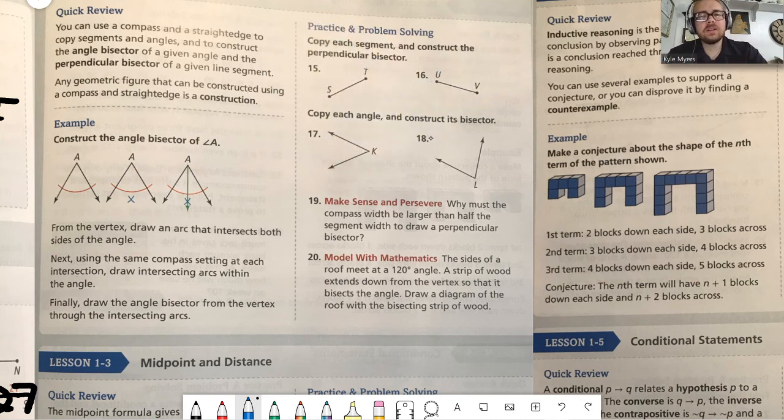All right, copy each angle and then construct its bisector. So in order to do the bisector, I need to first do a little circle around the point K. So something like that. All right, it's a pretty nice circle, if you don't mind me saying. It's amazing what I can do with just drawing it, right? I know it's terrible. It's okay.